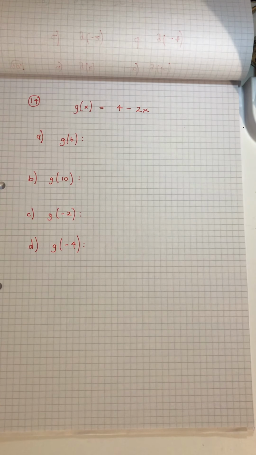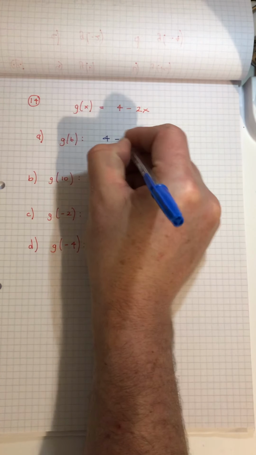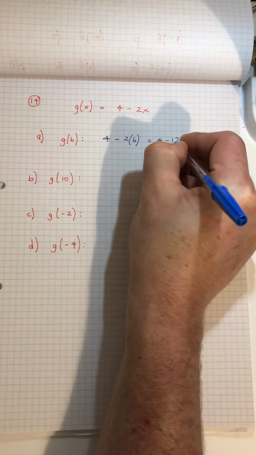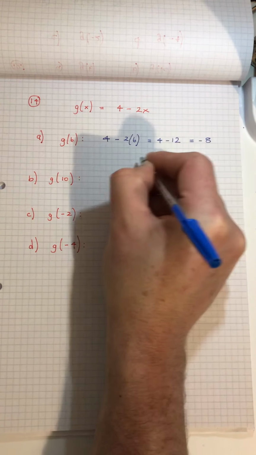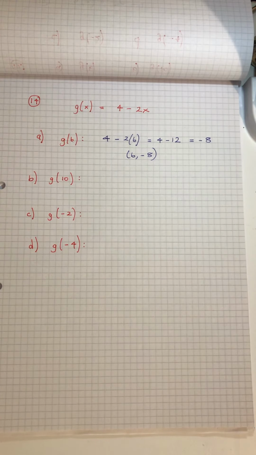Okay, so in this case here again x is 6, so 4 minus 2 times 6 will be 4, take 12, which is minus 8. So 6 and out comes minus 8.